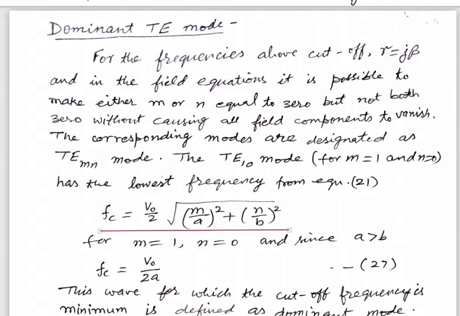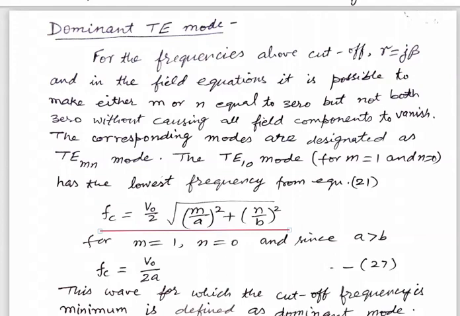Also from our previous field equations, we could not take m and n both integers to be 0, which will vanish all the field components. Therefore either of m or n may be taken to be 0 and the other integer may have non-zero integral values.